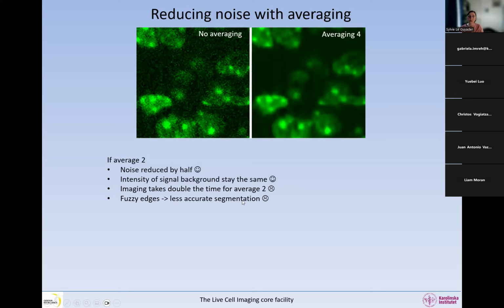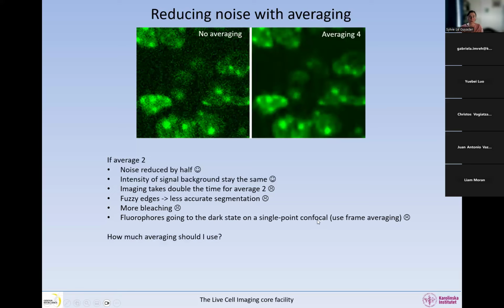So the segmentation will be slightly less accurate. So averaging is very good as long as you do not need fine segmentation. Also you bleach more because you image double the time, and you have a higher chance for the fluorophores to go to the dark state, especially on single point confocals. These are the consequences of shining more light on the sample.